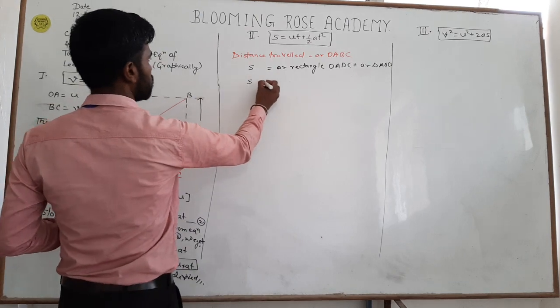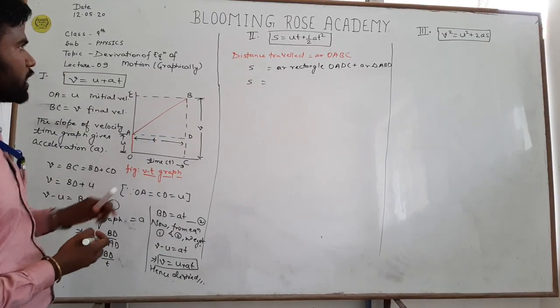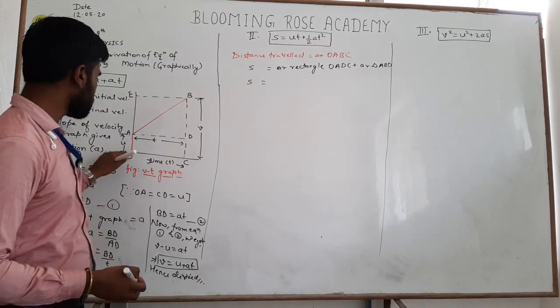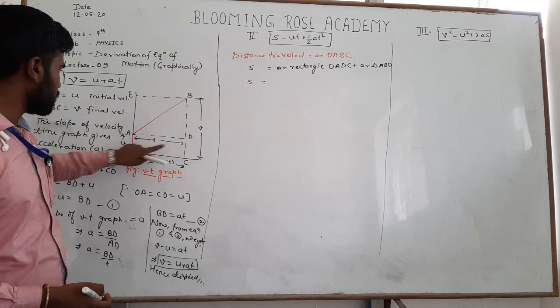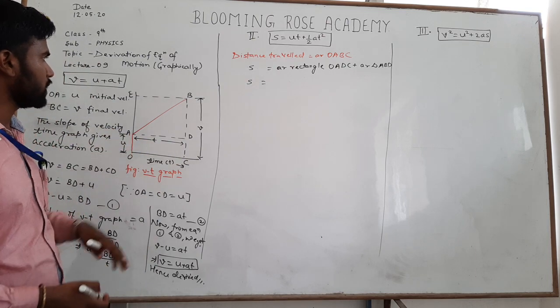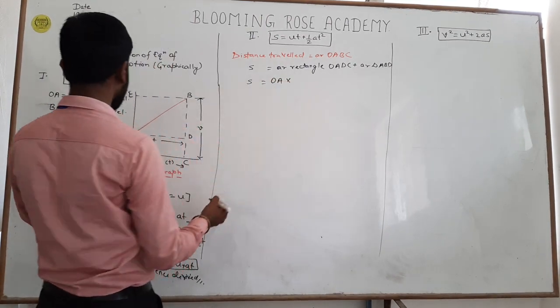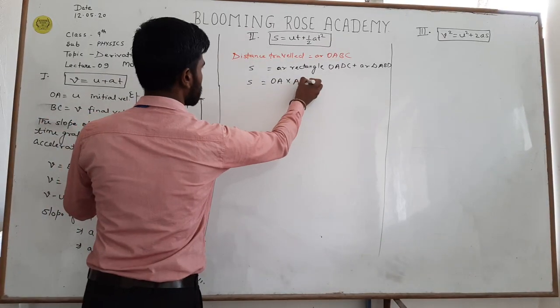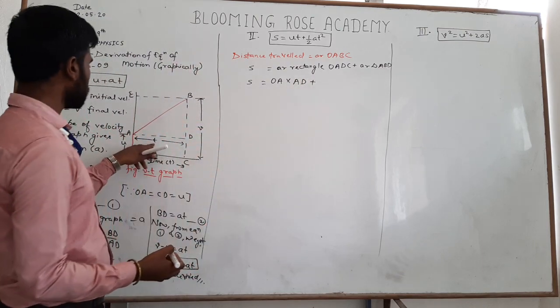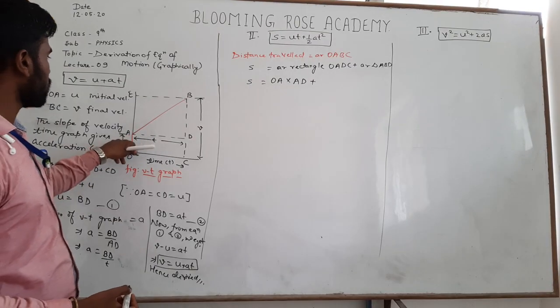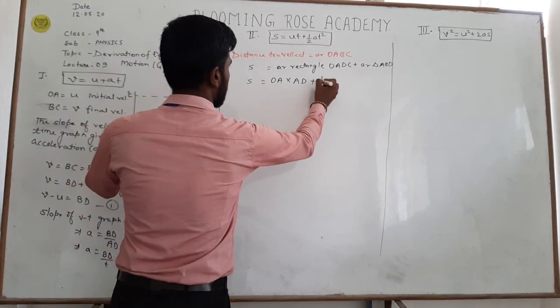By putting in the values, S equals the area of rectangle OADC, meaning length into breadth, where length is AD and breadth is OA or CD. So OA multiplied by AD, plus the area of triangle ABD, which is a right angle triangle.